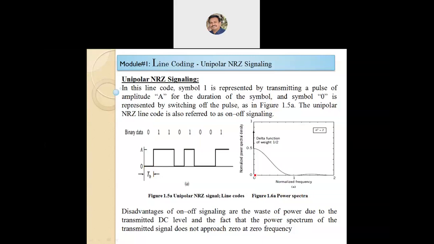Here at 0 frequency it has 0.5 normalized power.